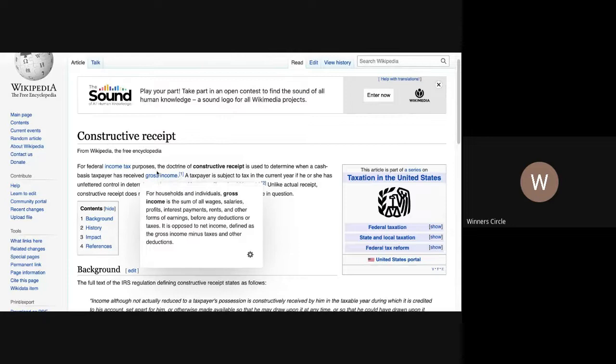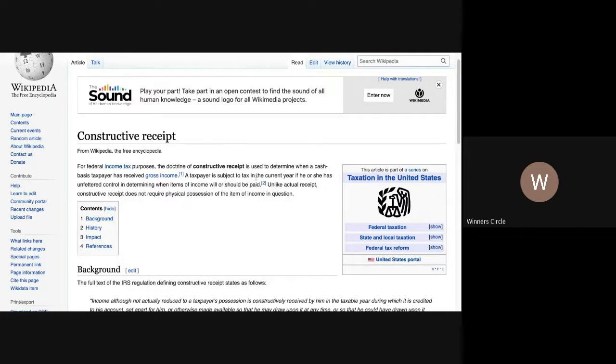Okay, so a taxpayer is subject to tax in the current year if he or she has unfettered control in determining when items of income will or should be paid. Now, I know you think you don't, but you do. So you can read a W-4V and you'll understand that all taxes are voluntary. Okay. Unlike actual receipt, constructive receipt does not require physical possession of an item of income in question.